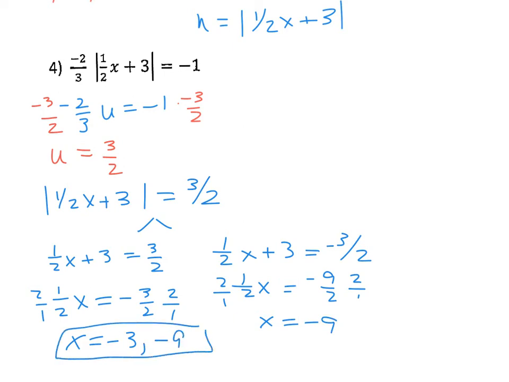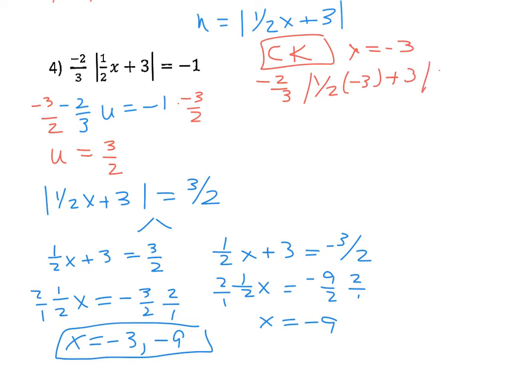So we're going to check these two answers. So here's my check. We're going to substitute x equals -3. So we get -2/3 times the absolute value of 1/2 times -3 plus 3 equals -1.